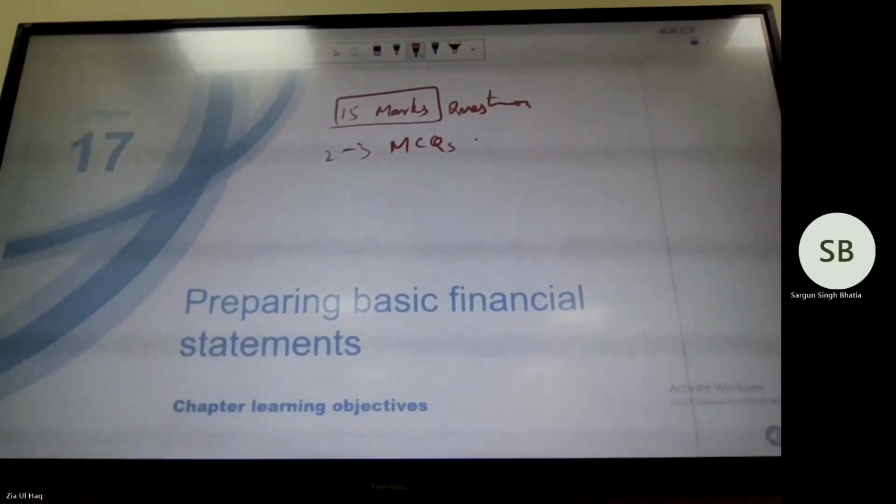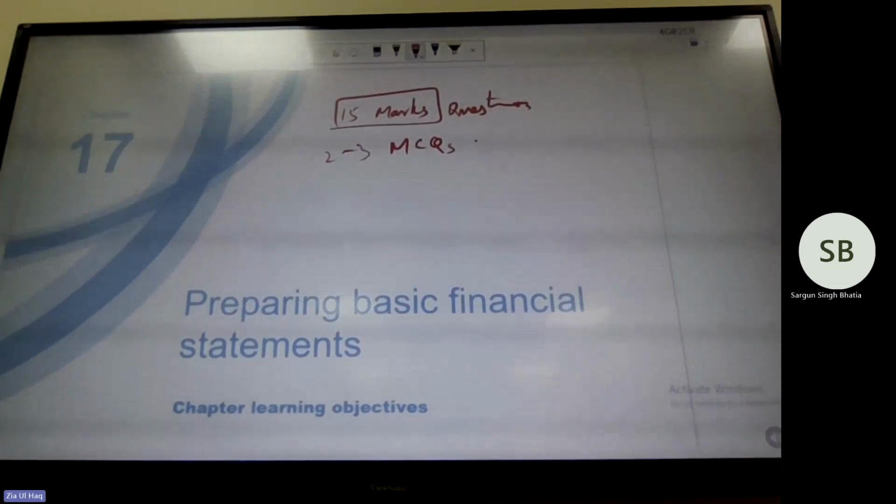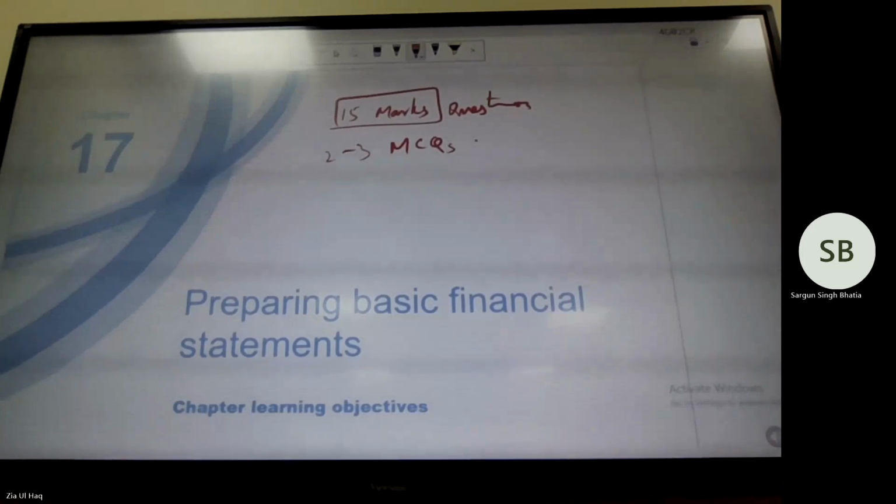I mean, a highly important chapter. But this chapter's 50 marks question will take a lot of time in the paper. That's why the long question from this chapter should be attempted at the end of the paper.